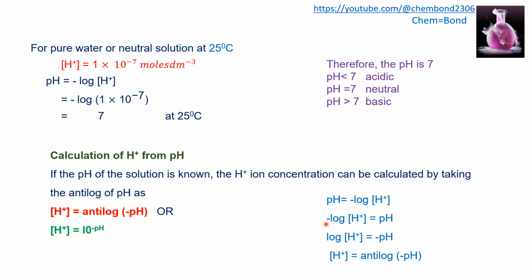So log of hydrogen ion is equal to minus pH. Now shift the log to the other side because we are finding the hydrogen ion concentration, by taking the anti-log. Hydrogen ion concentration is equal to anti-log of minus pH. So by taking the anti-log of minus pH, we can find the hydrogen ion concentration of any solution.